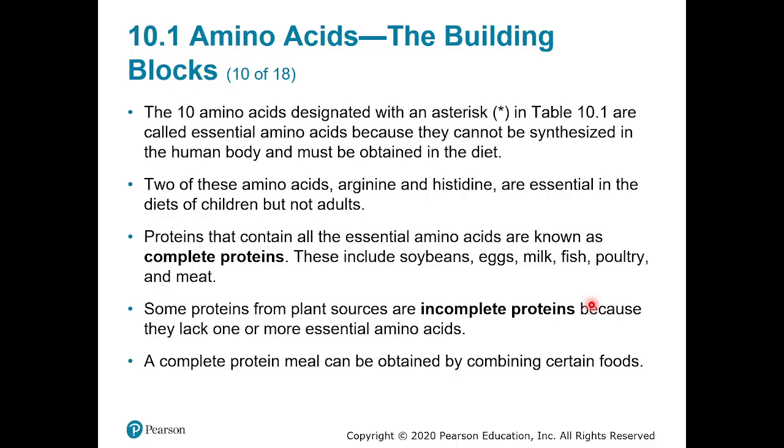Because you can eat incomplete proteins until you run out of an enzyme that you need and die. Okay? So it's interesting that a fairly large chunk of people in the United States are labeled as starving, as not able to get the nutrition they need, despite the fact that they get way more calories than they need. And that's because they eat a lot of incomplete proteins. That's one of the big reasons.